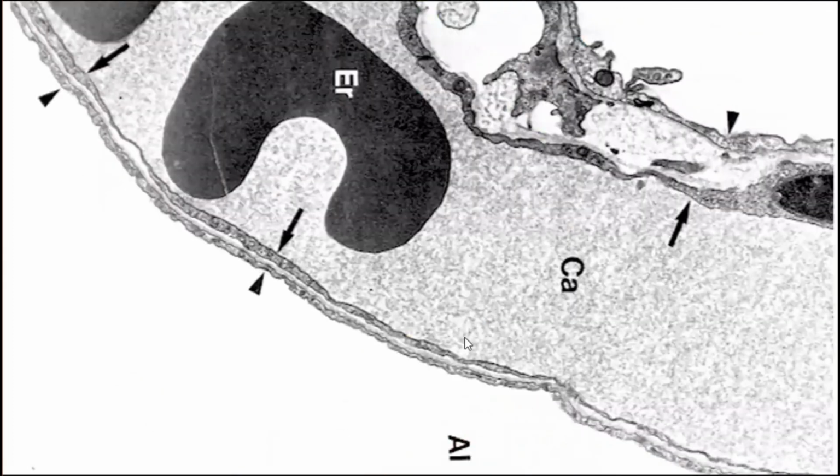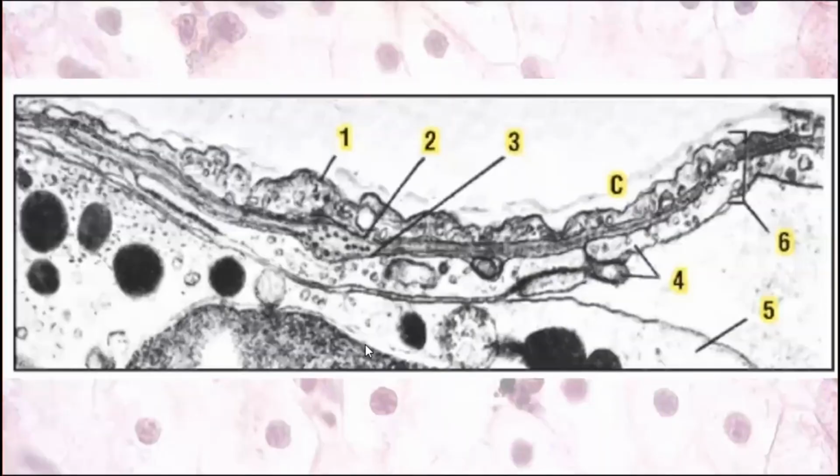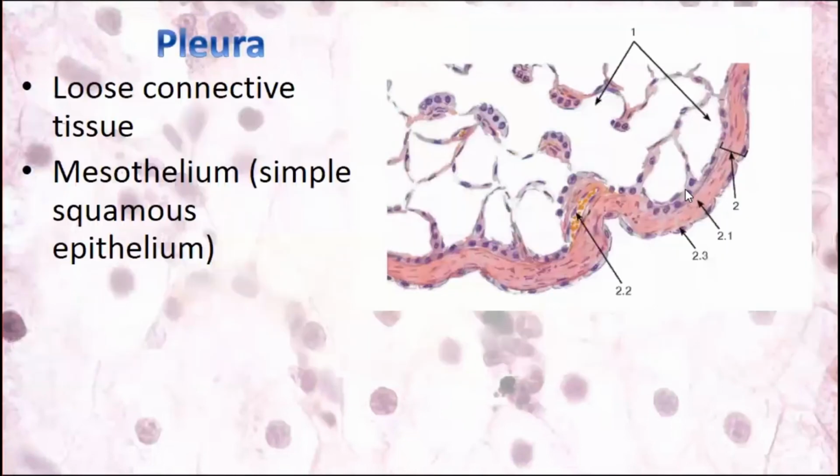Here we can see the capillary and the wall of the lumen of the alveolus, and we can see alveolocyte, basement membrane, and endothelial cell of the capillary. And you can imagine how thin this wall is. Also here we can see the blood-air barrier and its very thin wall.